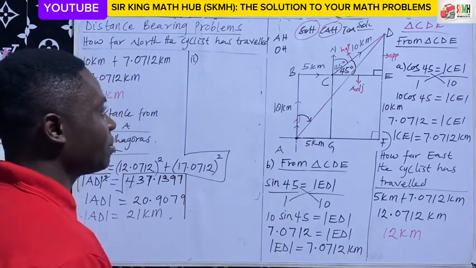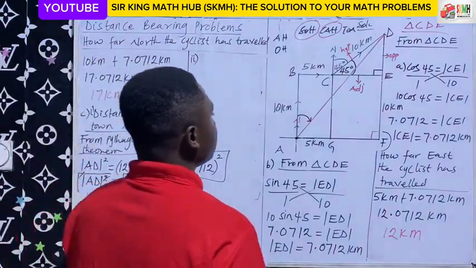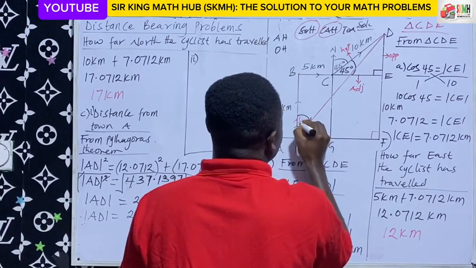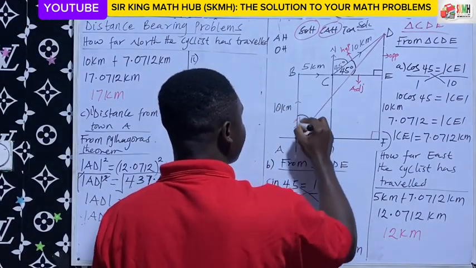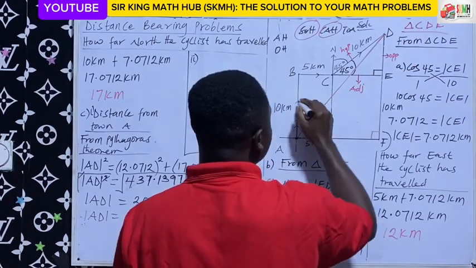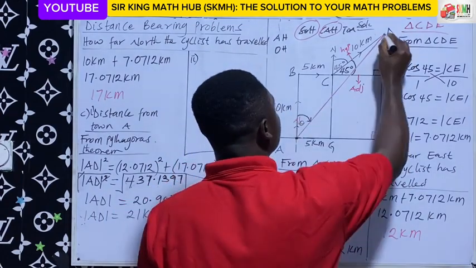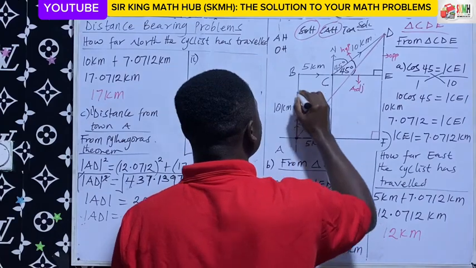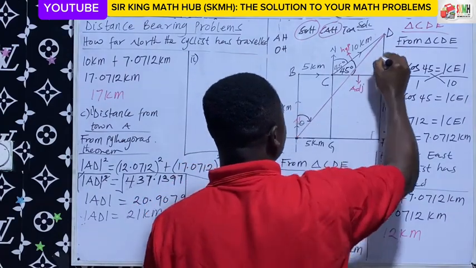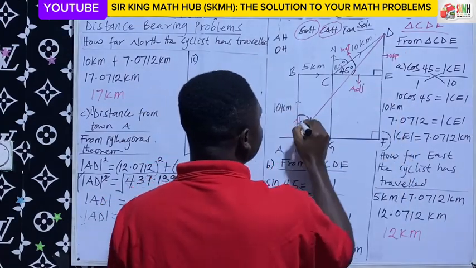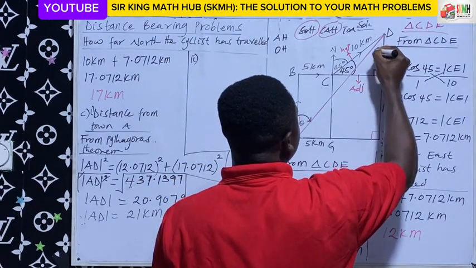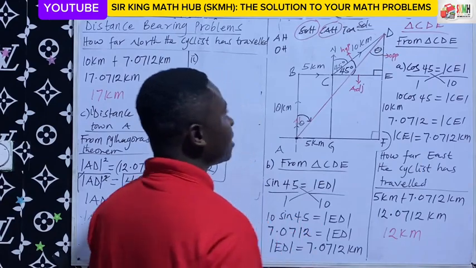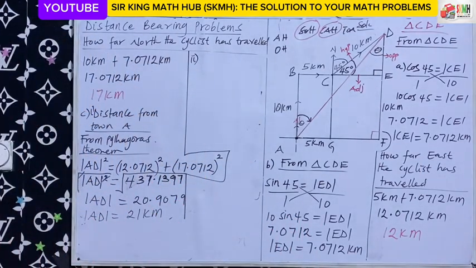Now let's look at something. If I place theta here, we see that this is a parallel line, and this is also another parallel line. So this theta here is alternating with this angle here. So if here measures theta, then this angle here must also measure theta.